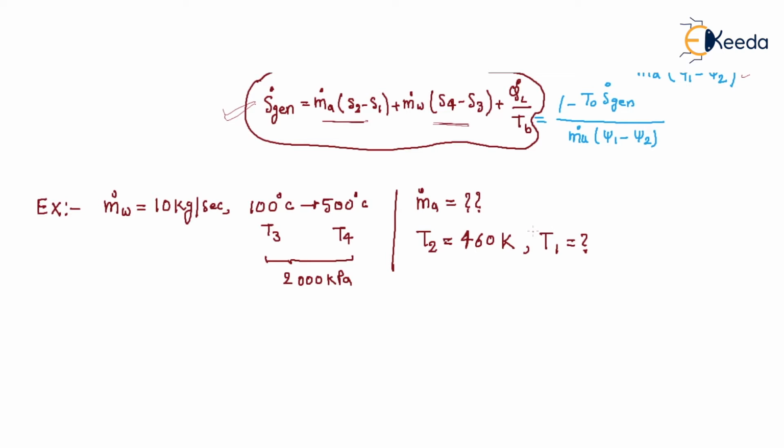Sorry, air coming in at 1400 Kelvin, and leaving, that means T2 is also given as 460 Kelvin. So this is T1, T1 is given, no problem.